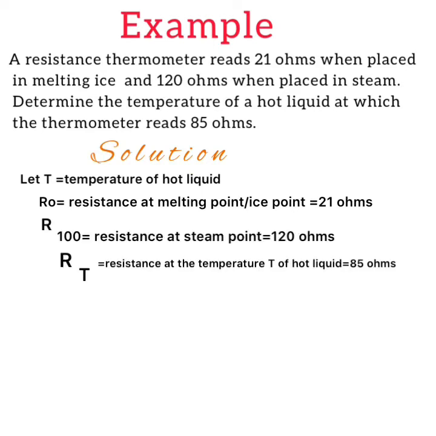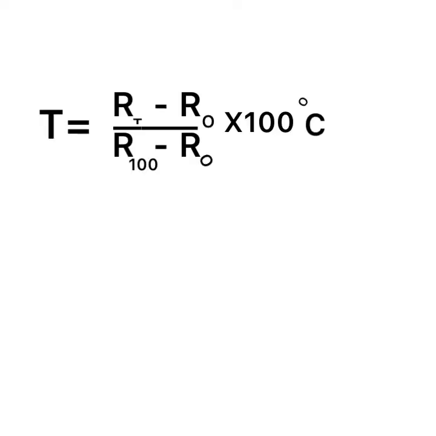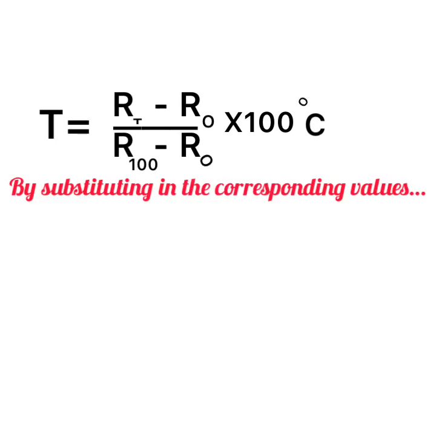So we are going to find the capital T from the formula that we just learned. We're going to modify the formula, which was T is equal to X at T minus X at 0 divided by X at 100 minus X at 0 times 100, to T equal to R at T minus R at 0 divided by R at 100 minus R at 0, all multiplied by 100 degrees Celsius.